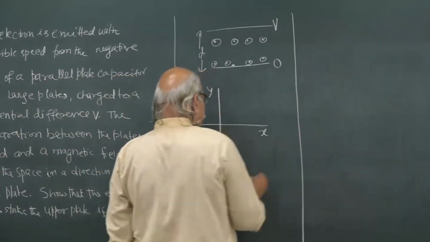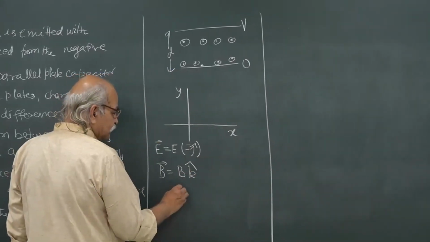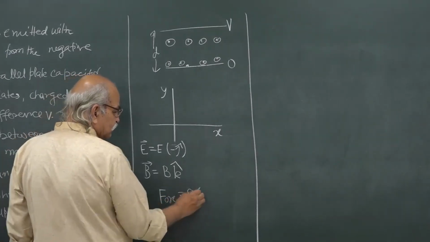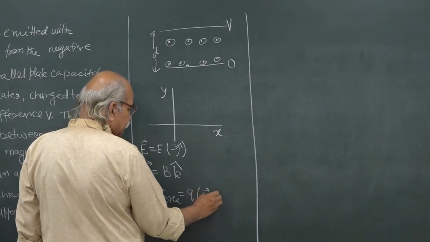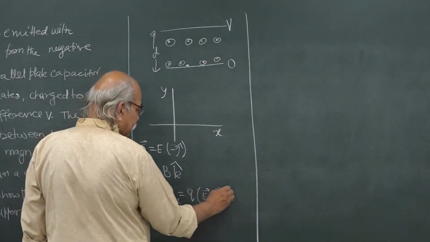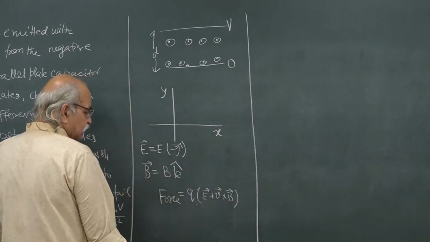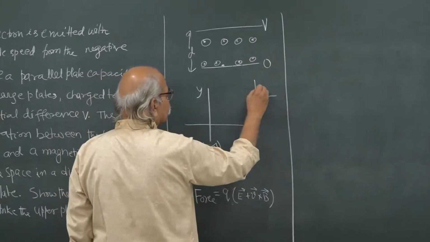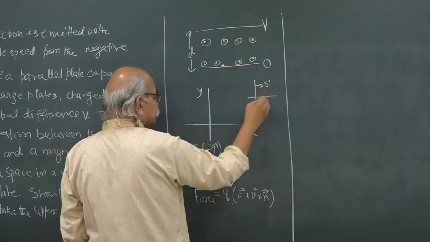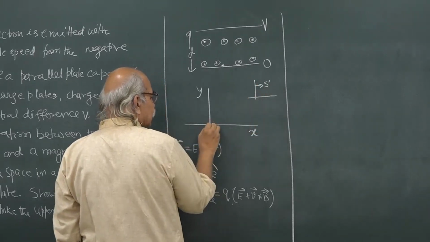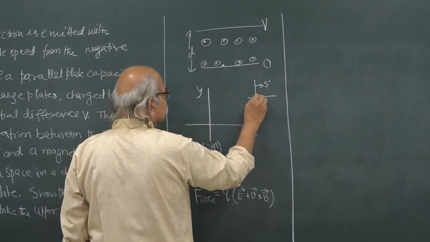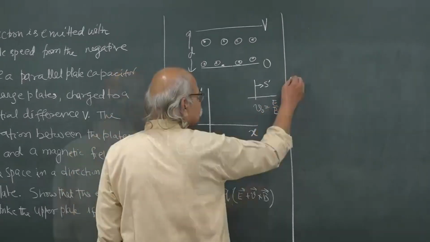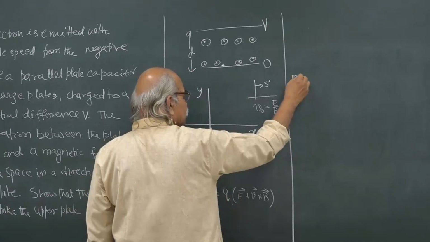So, if I write the force here, the force is Q times E plus V cross B. And if I take a frame S prime, which is moving in this lab frame at a certain velocity, which is V naught equal to E by B. In Galilean transformation, the forces do not change.